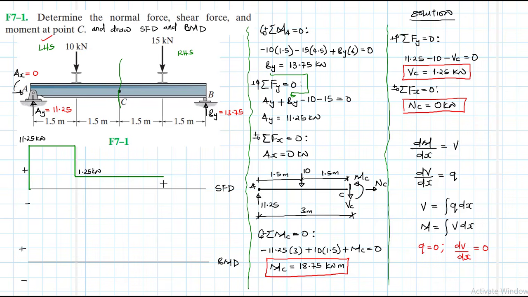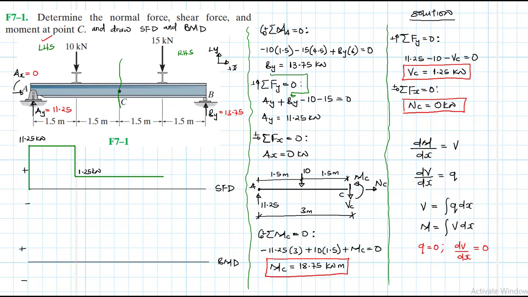The moment we reach the point where we have 15, they'll interact again. 1.25 is positive while 15 is going down, because we are using this convention: positive up, like so. Since 15 is negative and 1.25 is positive, it's going to be 1.25 minus 15.